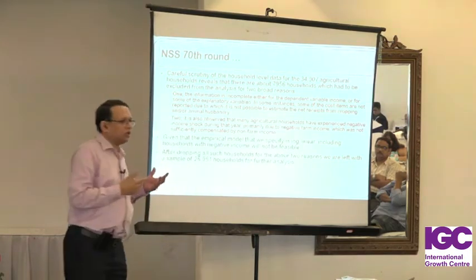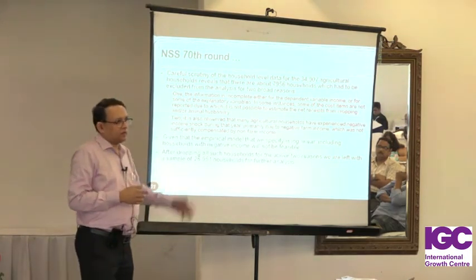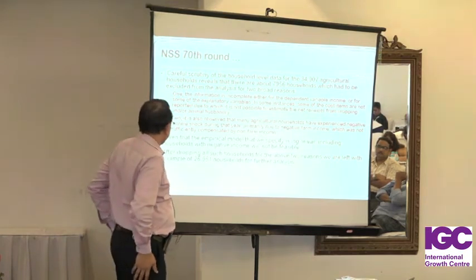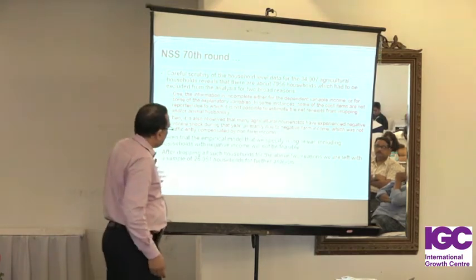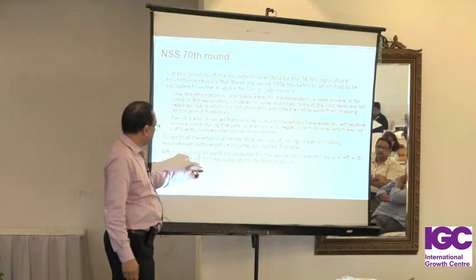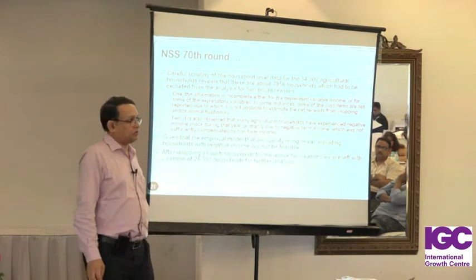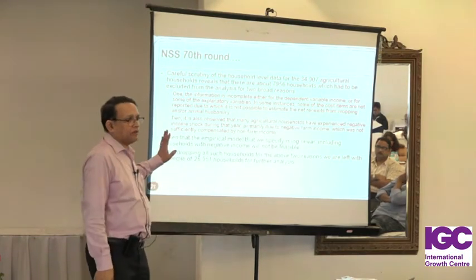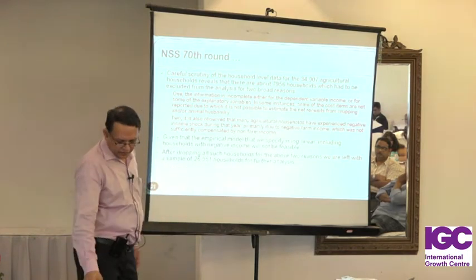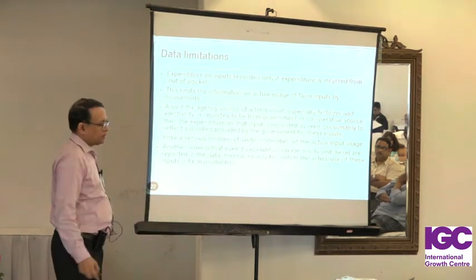Given that we are using a log linear model, we can't handle it and we dropped them. So our analysis is left with 26,951 households, and our estimation and further analysis is based on these households.